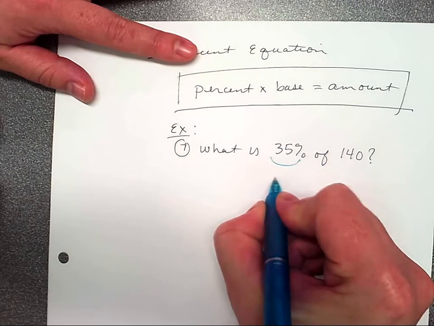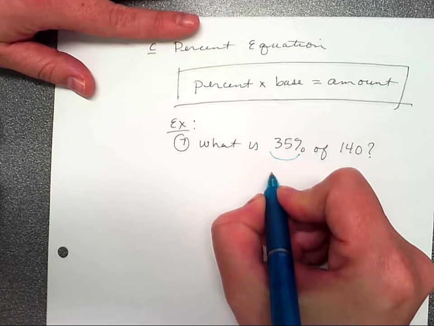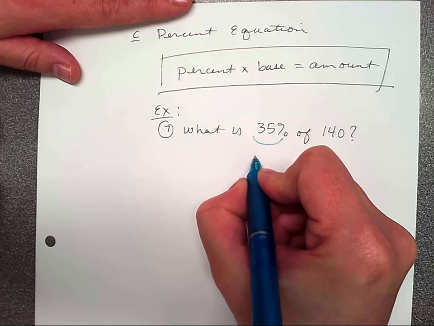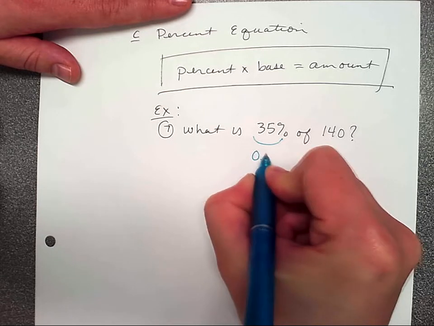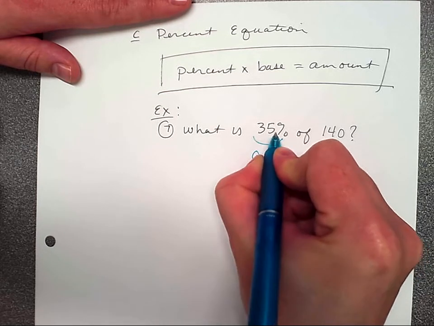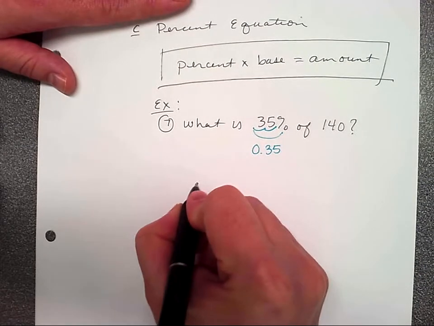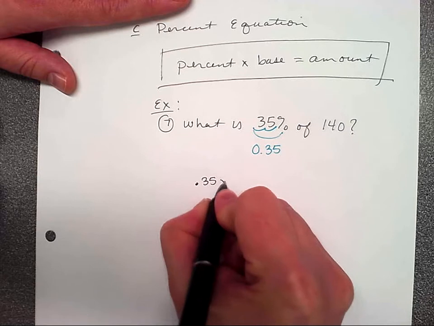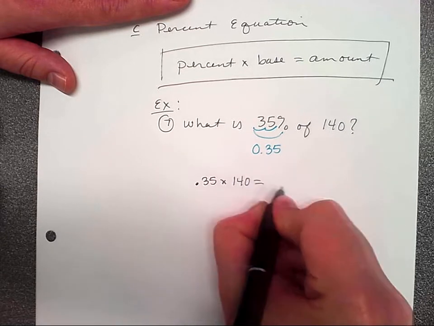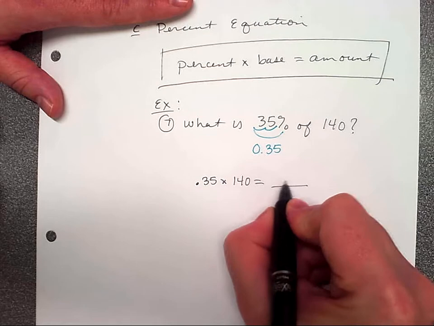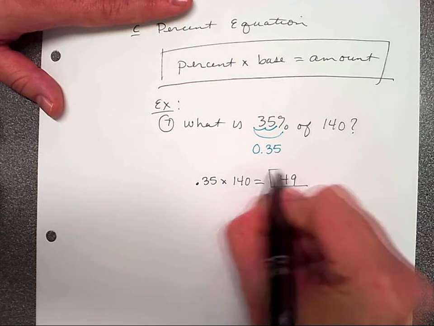But first I need to convert 35% to a number I can put in my calculator. I'm taking the decimal place and moving it over twice. So 0.35 times 140 equals what? That's the amount I'm looking for. 49. Good.